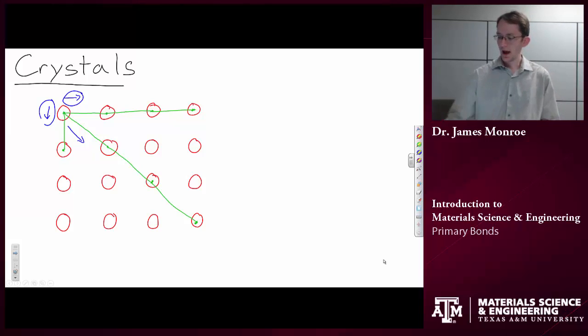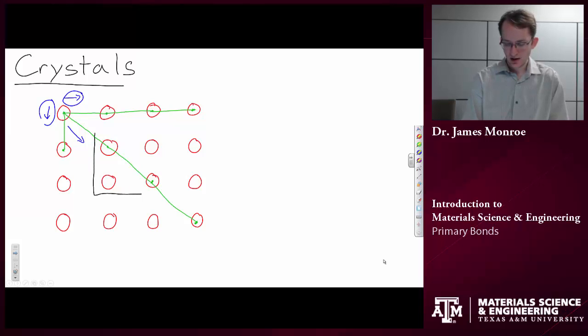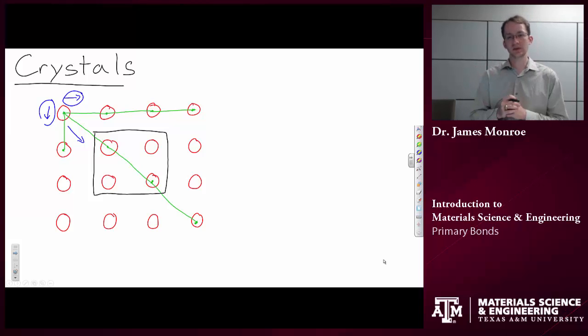So how do we define a crystal? Well, we take a subset of these atoms, and if we repeat that small subset in all directions, and in the third dimension coming out of the paper, if we repeat this unit in all directions three-dimensionally, we will repeat the same structure.